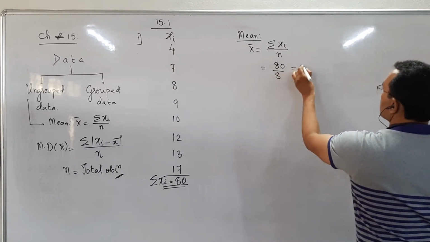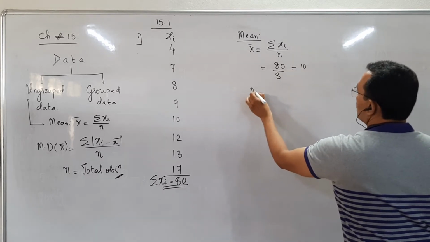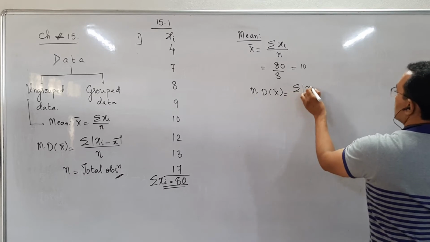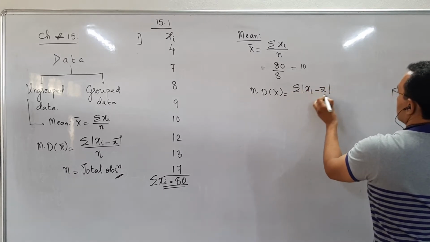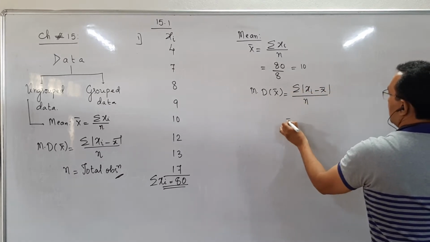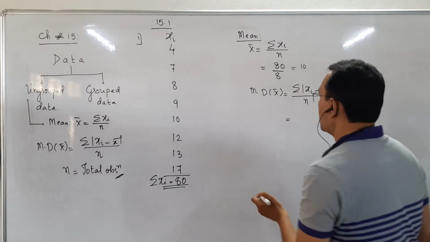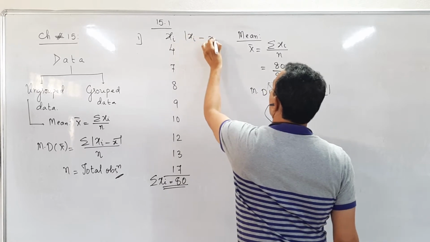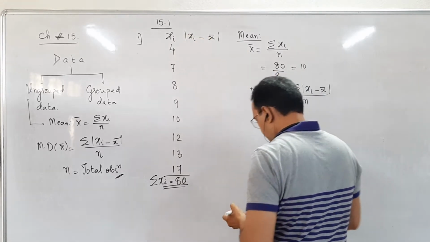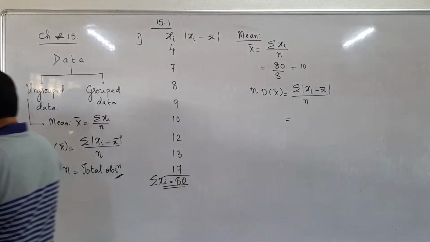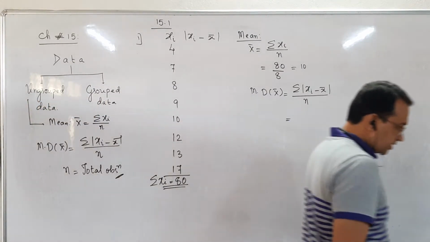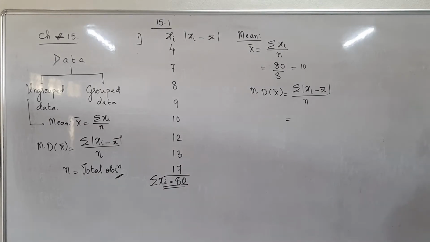So mean is 10. Now, mean deviation with respect to mean is summation mod xi minus x bar upon n. So the next column which we have to make is mod xi minus x bar.